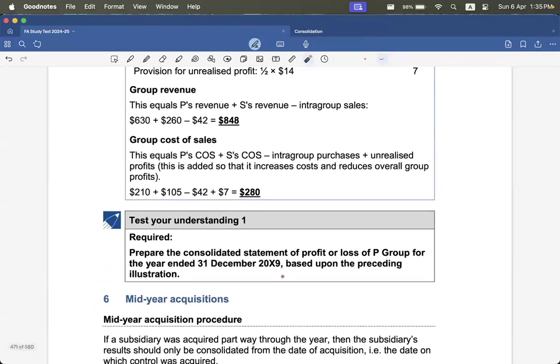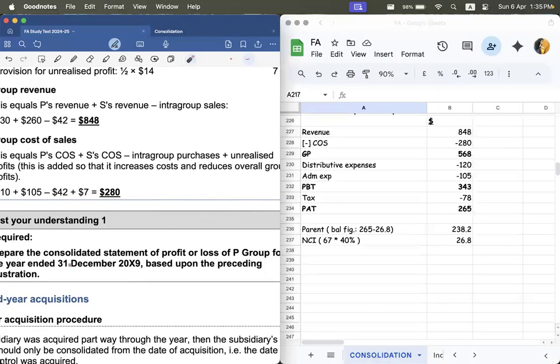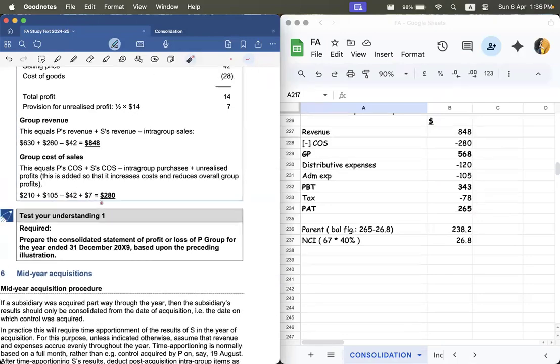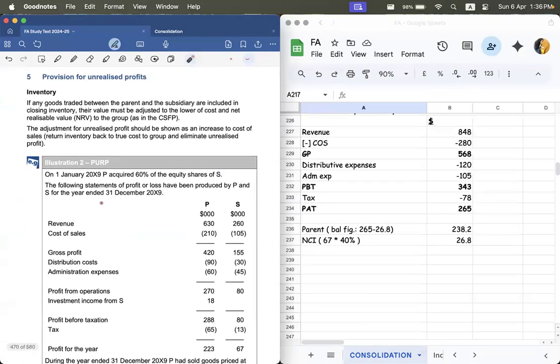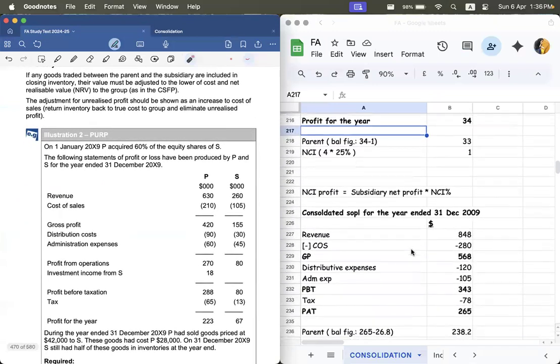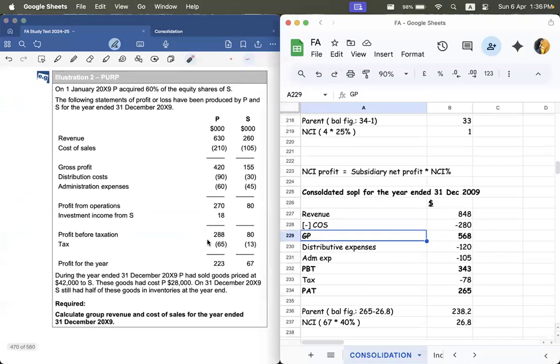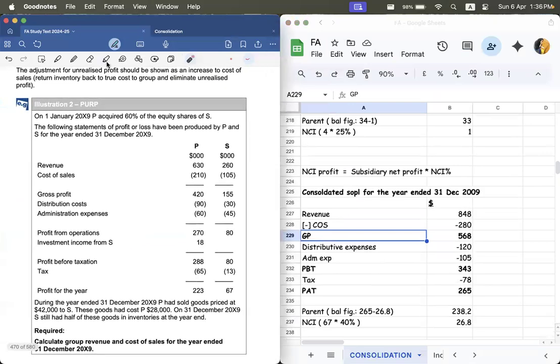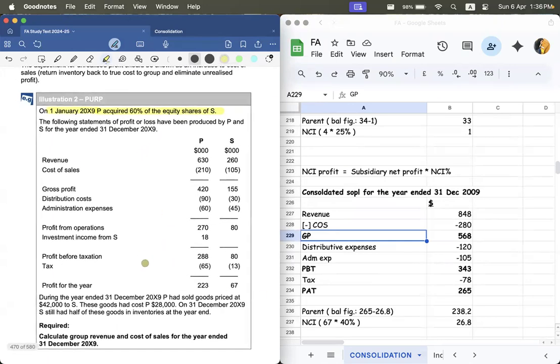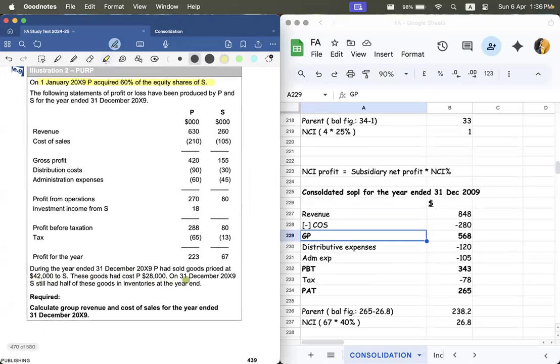We'll do it with an example. That is illustration 2. On 1st January 2009, P acquired 60% of S. The SOPL is given here, and at the end they have told you the goods are priced at 42,000.